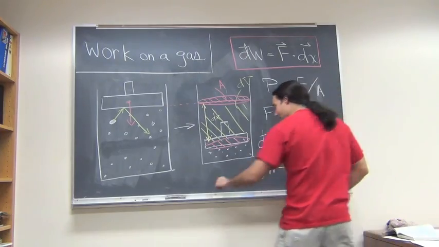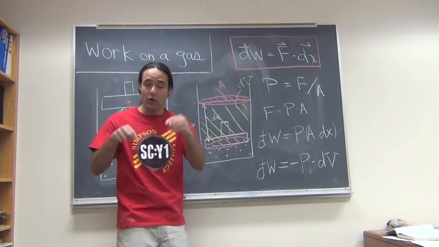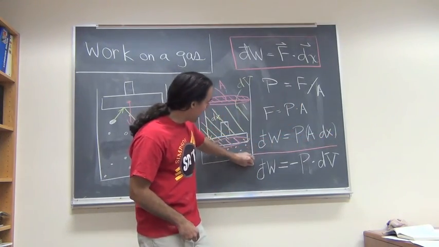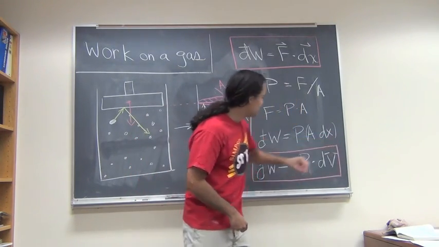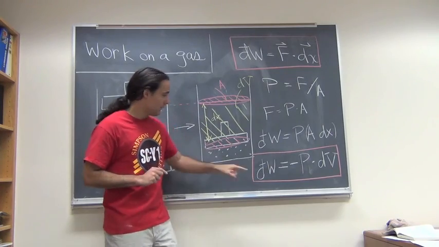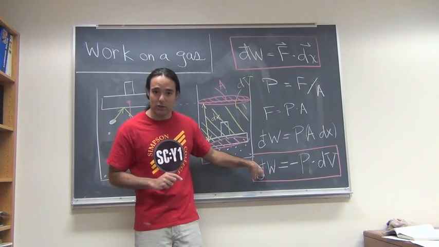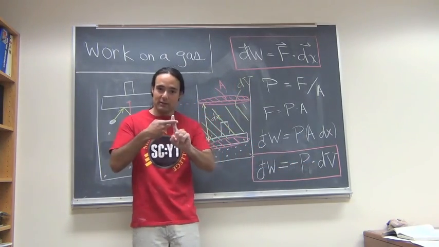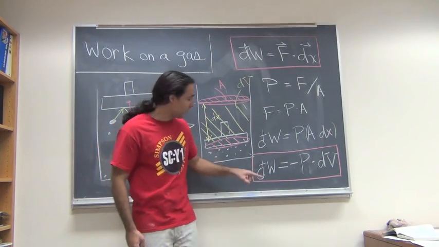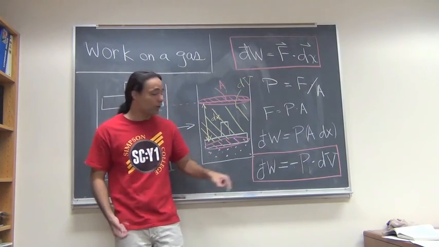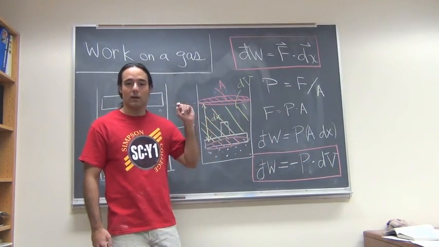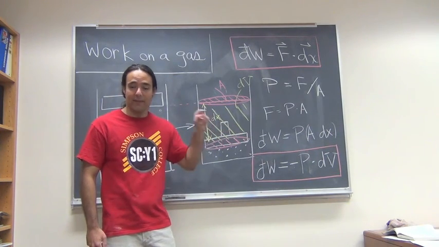The work done on the gas, because I'm looking at the work done on the gas, if the volume goes down for the gas, so if dV is negative, I need positive energy added to the gas. So dV is negative, I have another negative sign. Negative times a negative gives me a positive. I get a positive energy out. So I want the work done is minus PdV if I want to compute the work done on the gas.